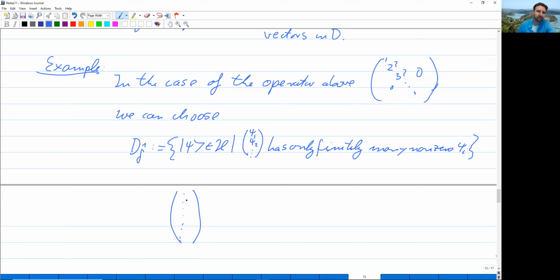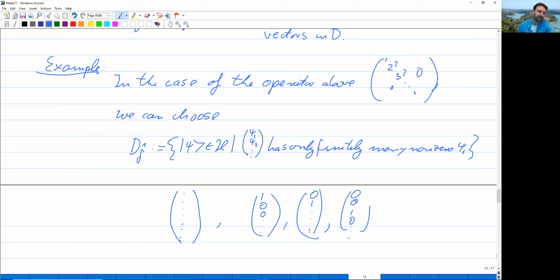Remember, you can span a basis with these. For example, our domain contains the vector 1, 0, 0, but it also contains the vector 0, 1, and the vector 0, 0, 1, and the rest zeros. So therefore, they span the entire Hilbert space.